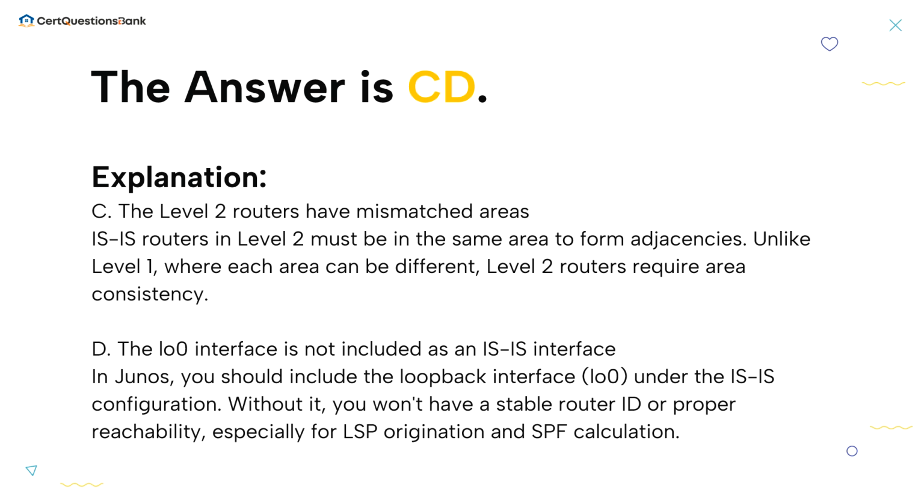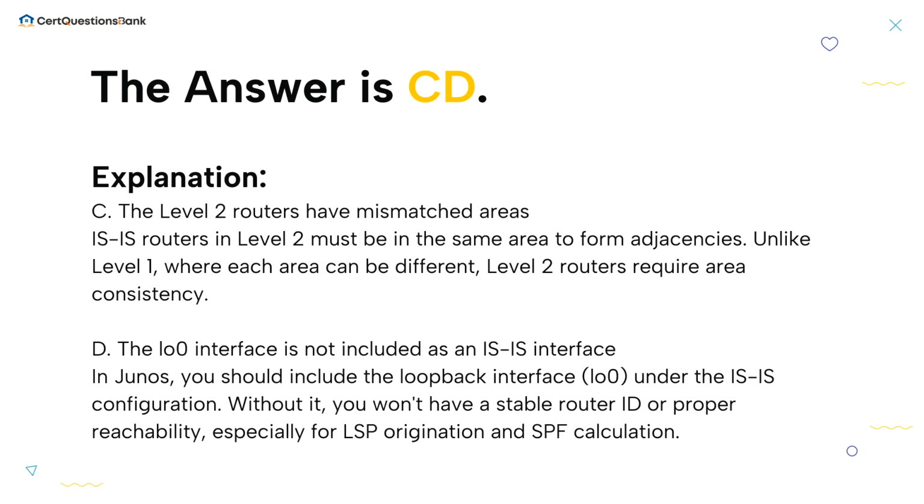C. The level 2 routers have mismatched areas. ISIS routers in level 2 must be in the same area to form adjacencies. Unlike level 1, where each area can be different, level 2 routers require area consistency.